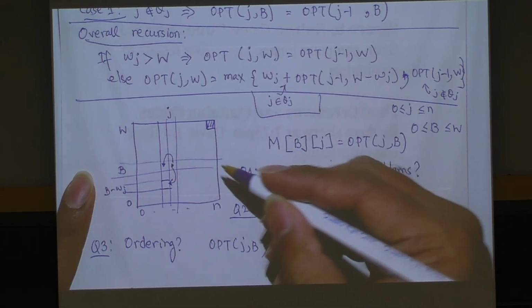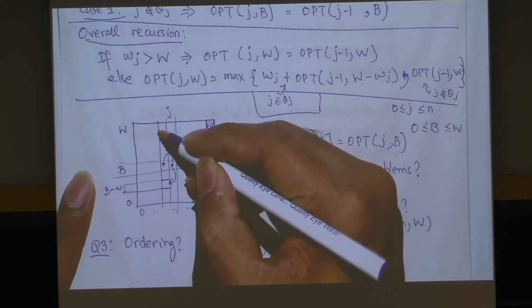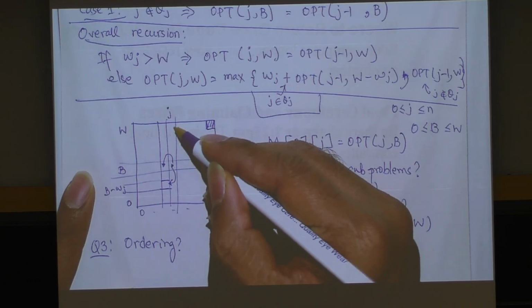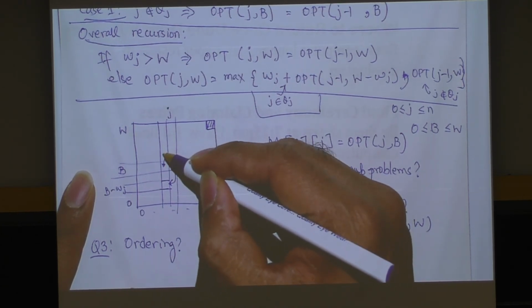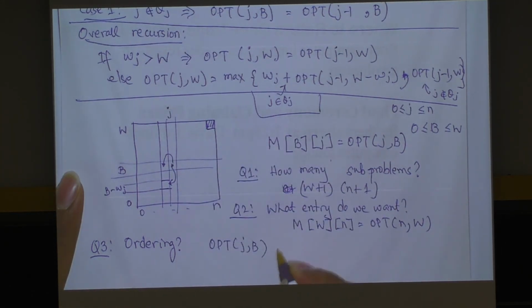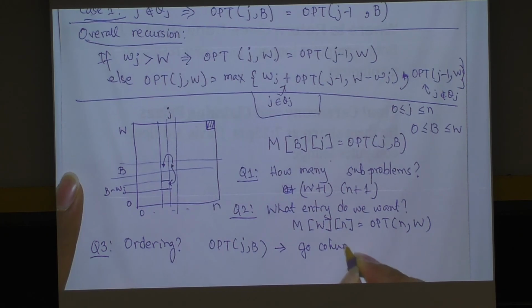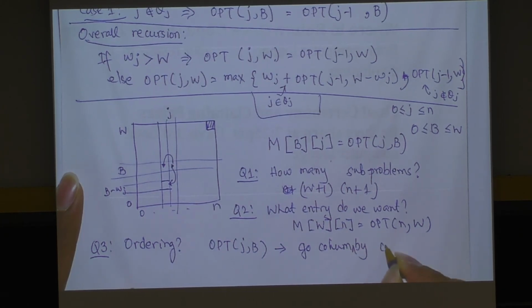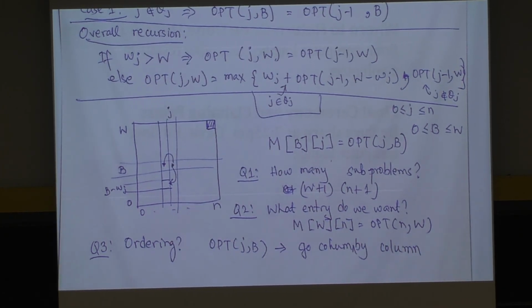However, if you went column by column, you're good, because every value in this column just depends on the previous column. So the ordering is go column by column. We'll look at this in more detail next Monday, but the idea is you just move column by column.